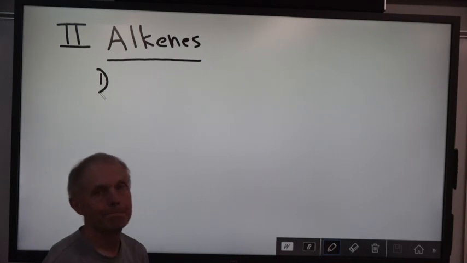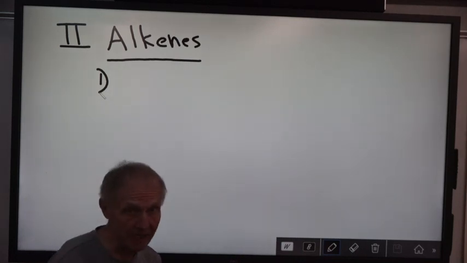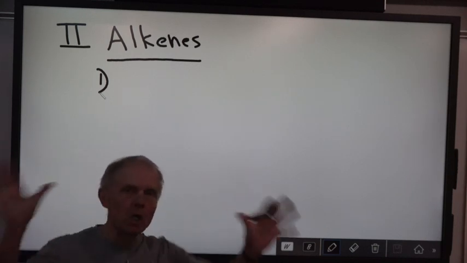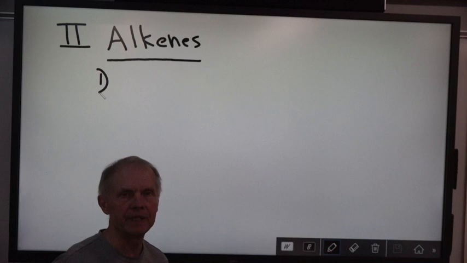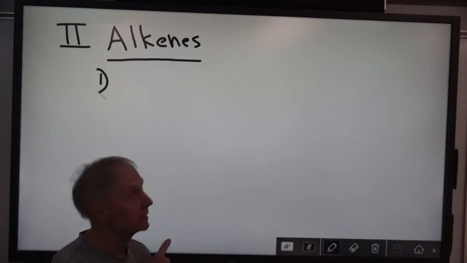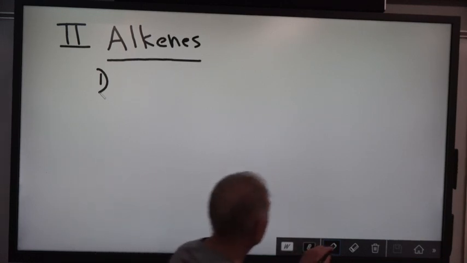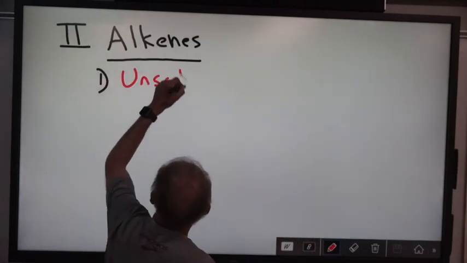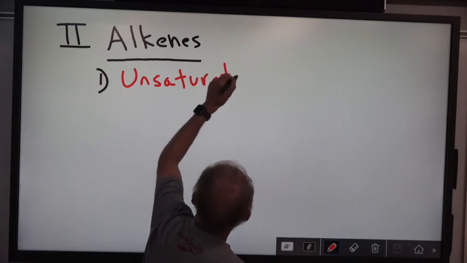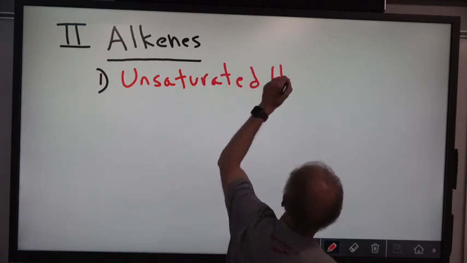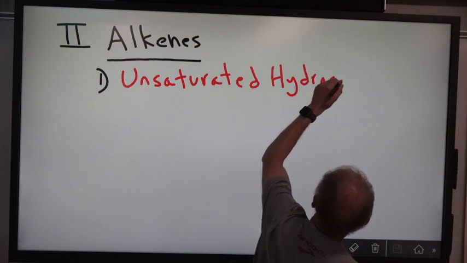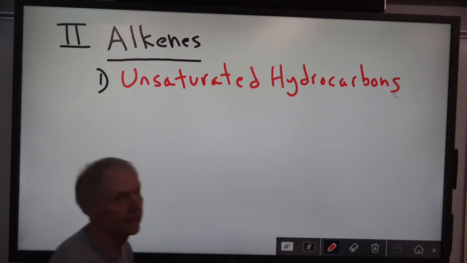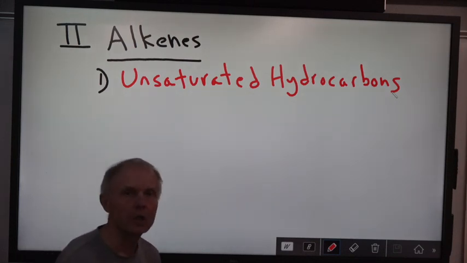Number 1. Now these are way different from the alkanes. Remember, the alkanes were saturated, full of hydrogens, all single bonds between the carbon. Well, these are called unsaturated hydrocarbons.